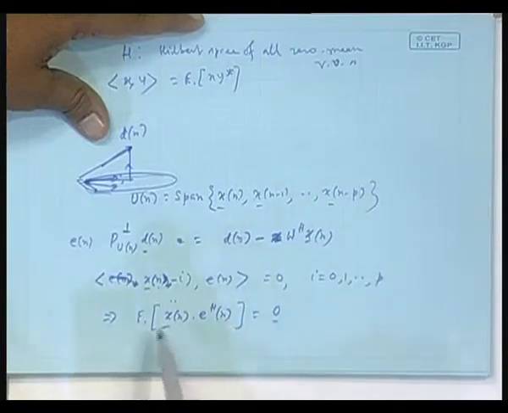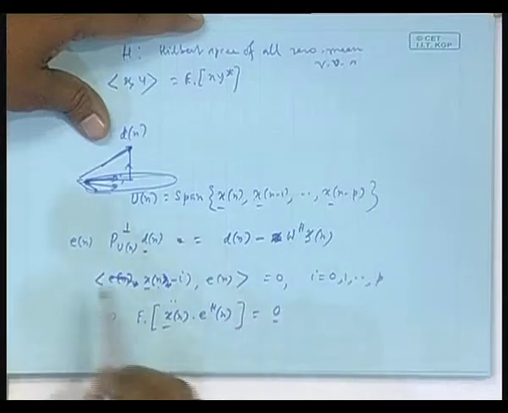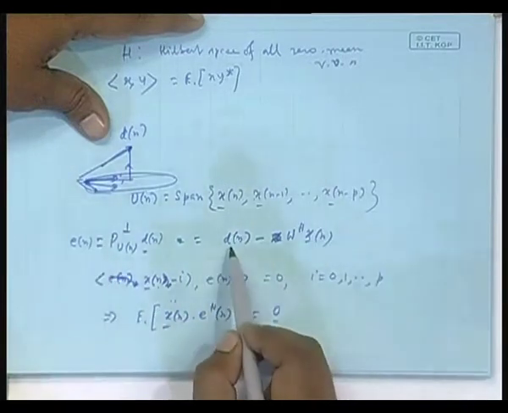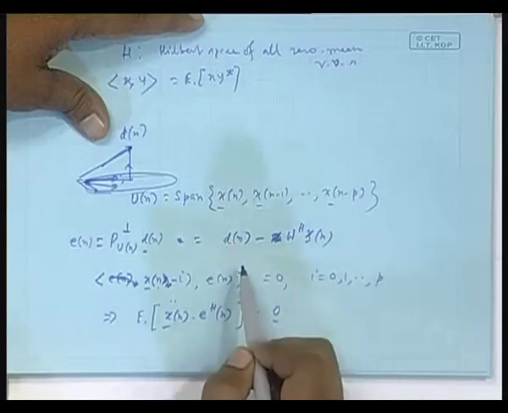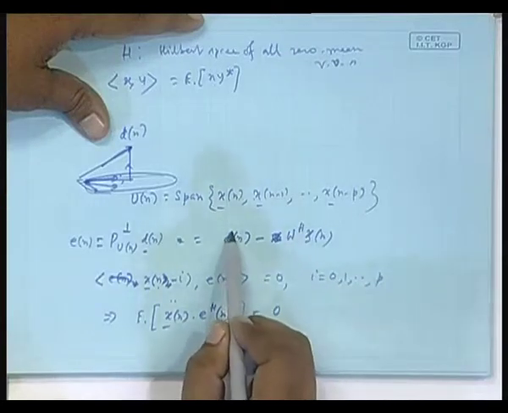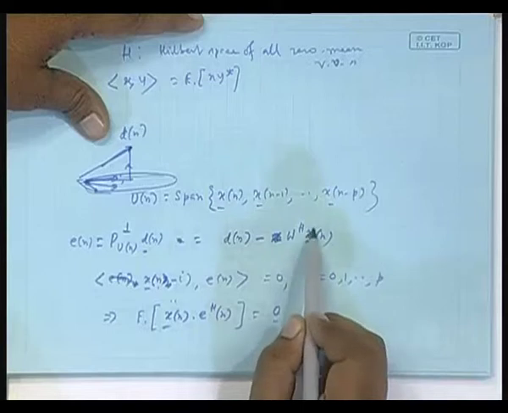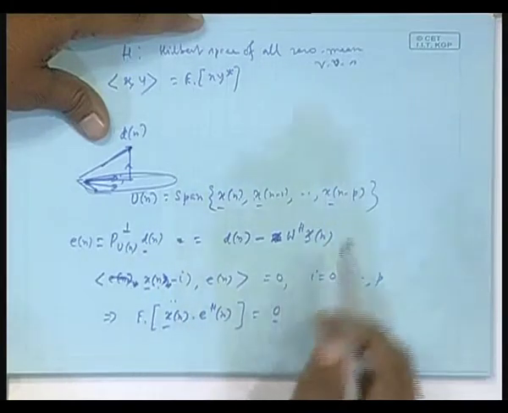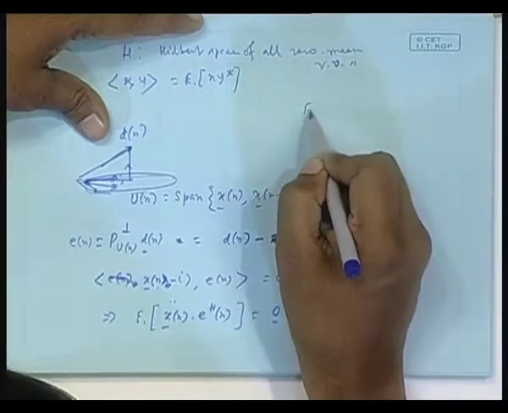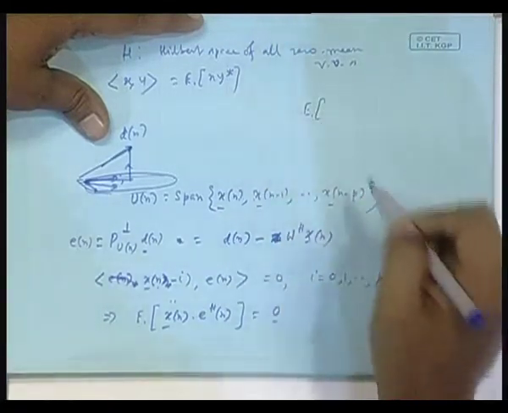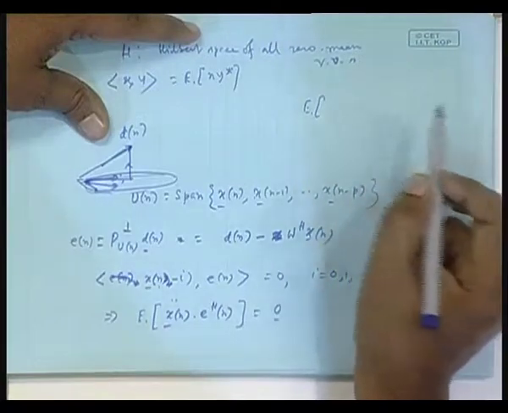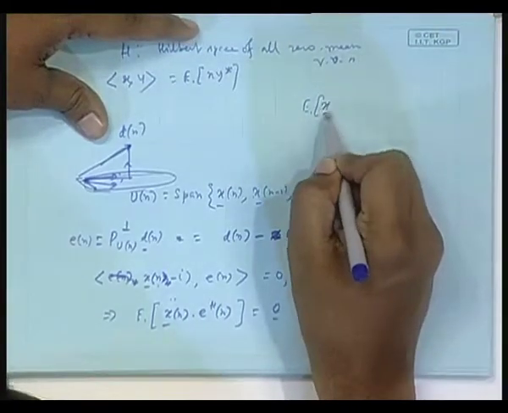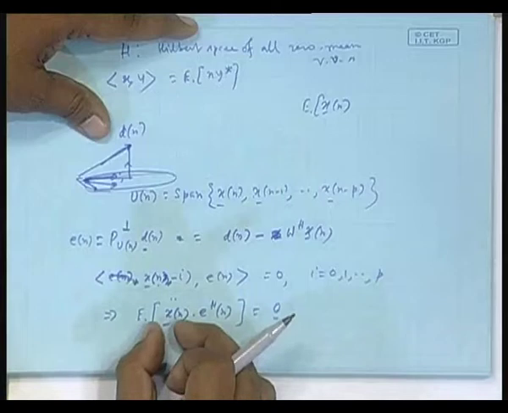Now it is no longer vector space, it is simply correlation, and what is E H n? You will take the H of this, so immediately you get d star n and x H w, put that here, and we have to simplify. 0 is there on the right hand side. E of x n into E H n.